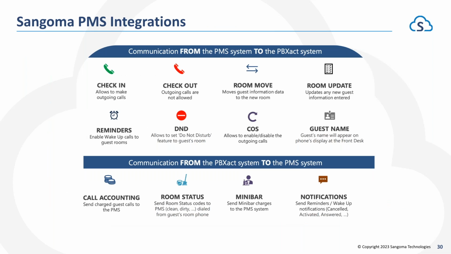So room changes, check-in, check-out, enable class of service upon check-in for that particular room if they're going to have permissions to dial anywhere other than internally and the front desk. And then housekeeping can use the phones to do things with respect to room status changes like clean vacant, clean 30, and we can even sync through minibar charges and call accounting and all that good stuff takes place through the Oracle connector module here as well.